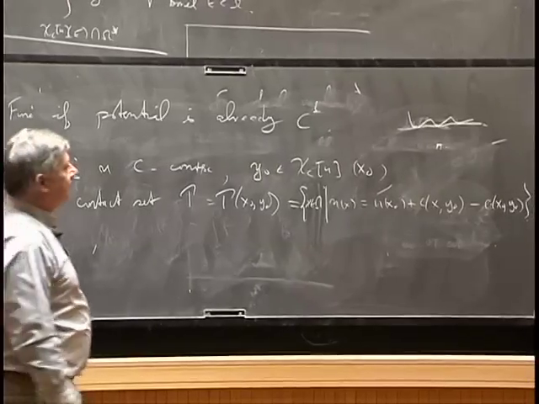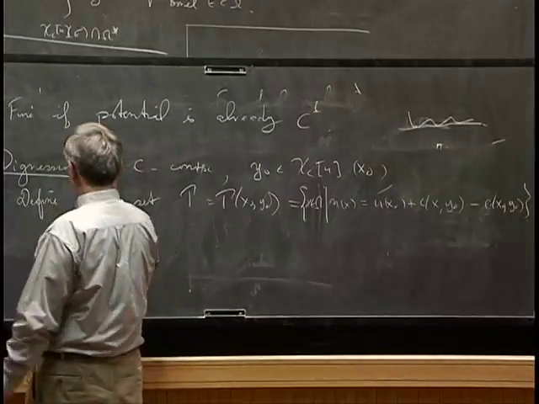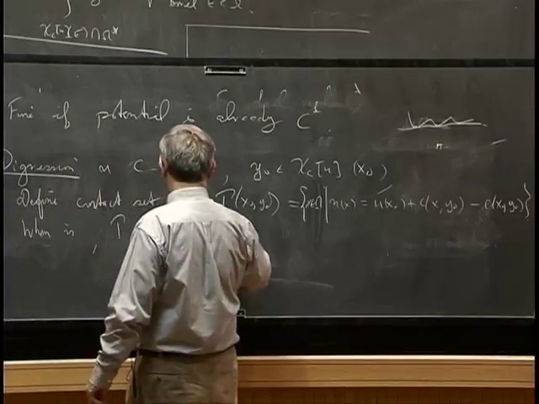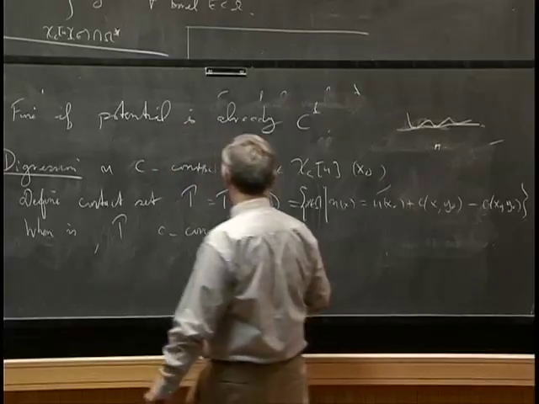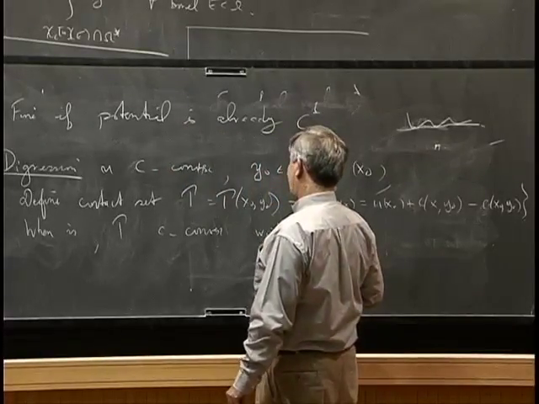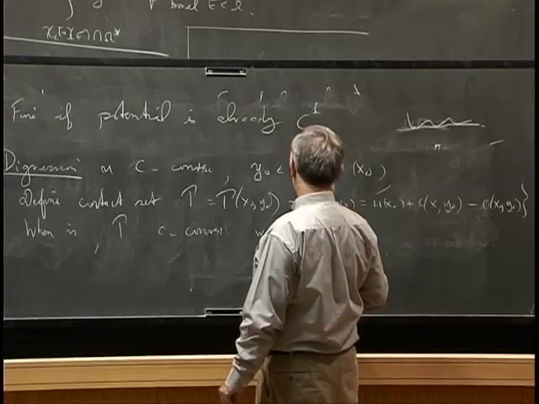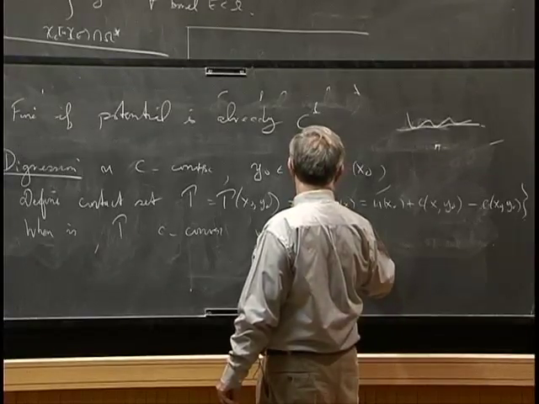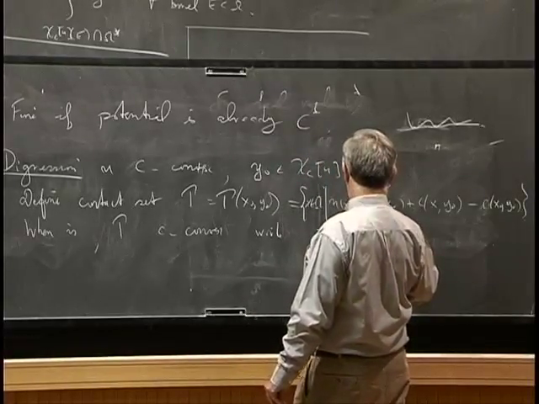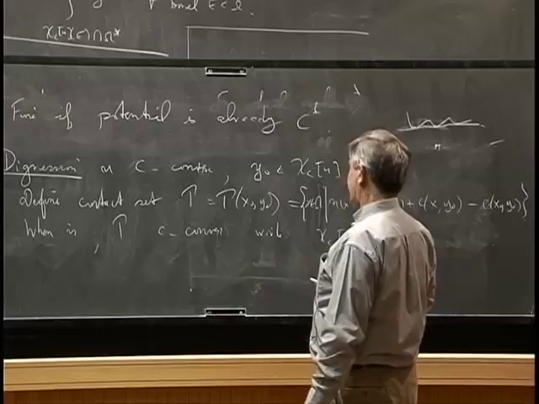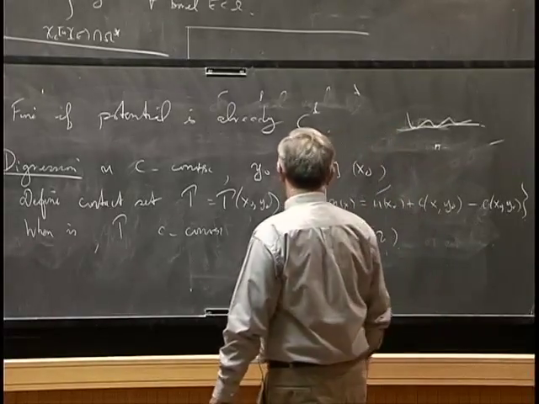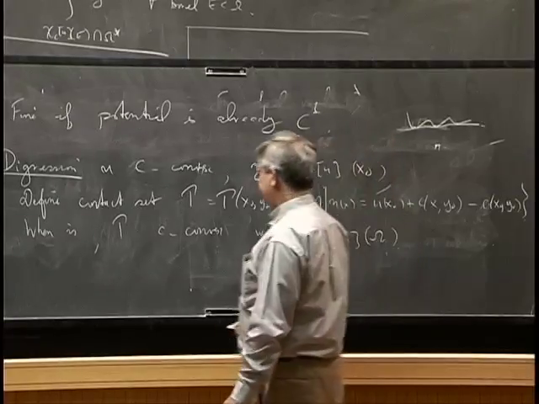Okay. I could ask the next question. When is this contact set gamma C-convex with respect to, say, chi_c u? Yeah, with respect to, say, that set. When is that gamma C-convex, or C-convex with respect to, say, the point y0?